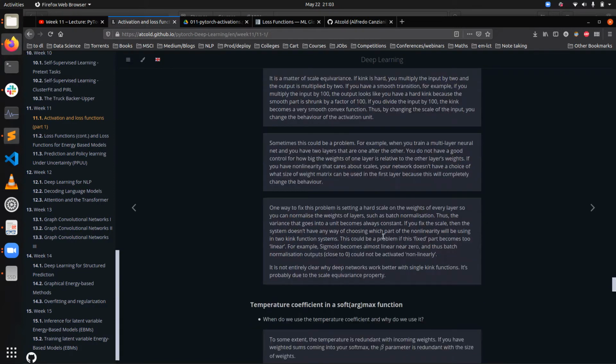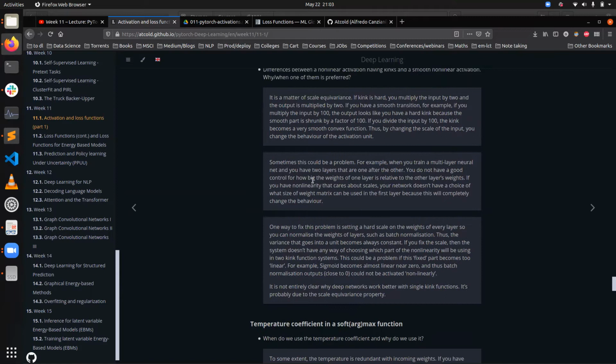So I think he talks about that here as well. You don't have control of how big the weights of one layer are relative to the other layer's weights.